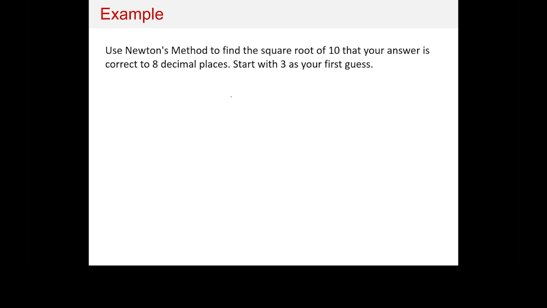So the function you have in this case is x squared, because you are looking for a square root. So the function is x squared, and the value you are looking for is x. And the value of f(x) you are looking for is 10.